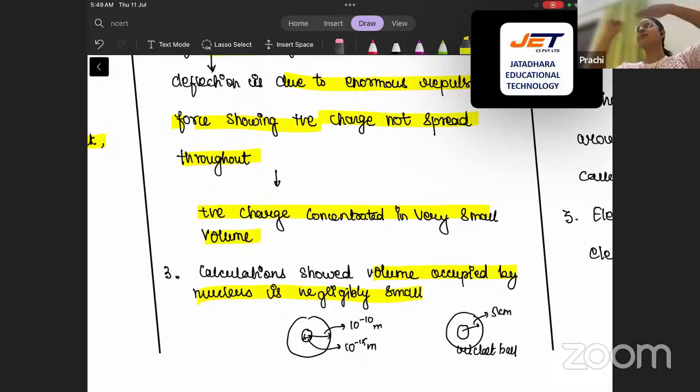Whereas the ones coming a little closer will be deflected at some angle. And as he said, most of the space is empty, so most of them will pass through the empty space.